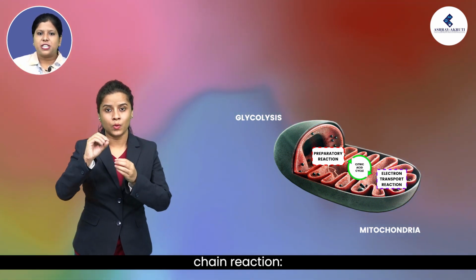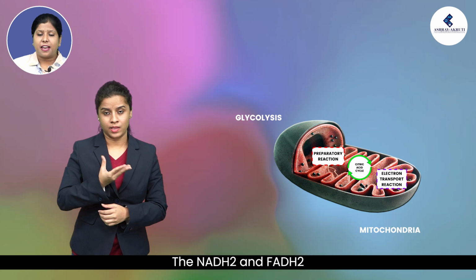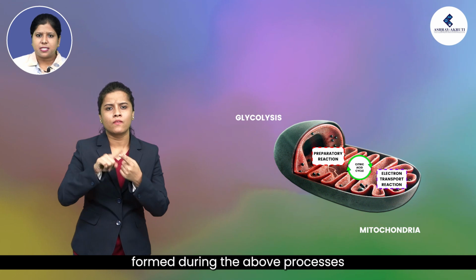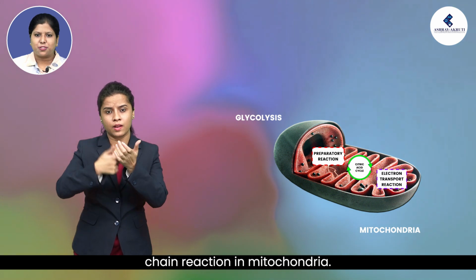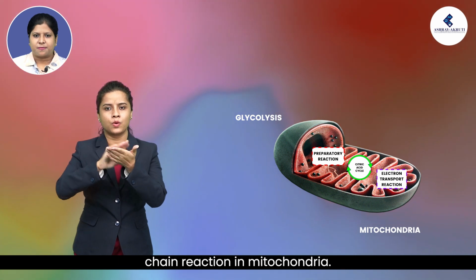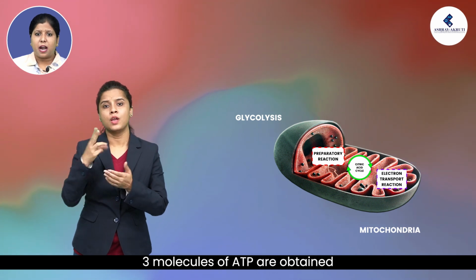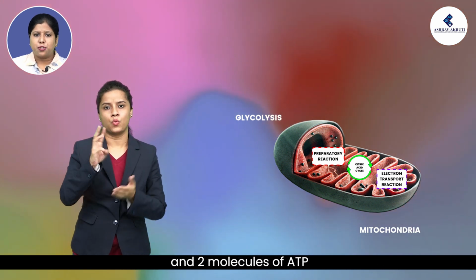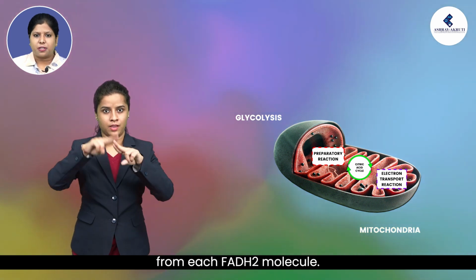Electron transfer chain reaction. The NADH2 and FADH2 molecules formed during the above processes participate in the electron transfer chain reaction in mitochondria. Due to this, 3 molecules of ATP are obtained from each NADH2 molecule and 2 molecules of ATP from each FADH2 molecule.